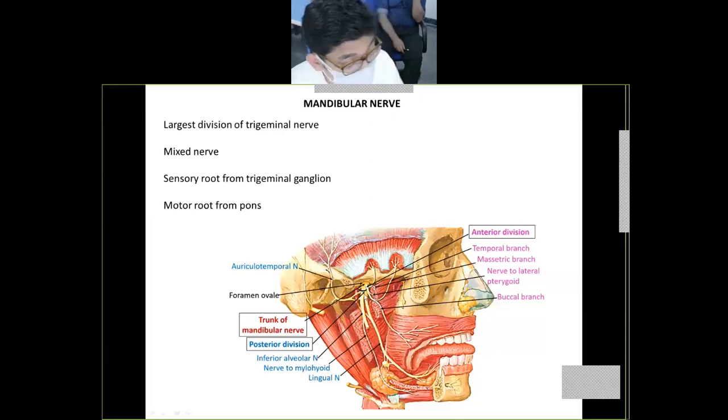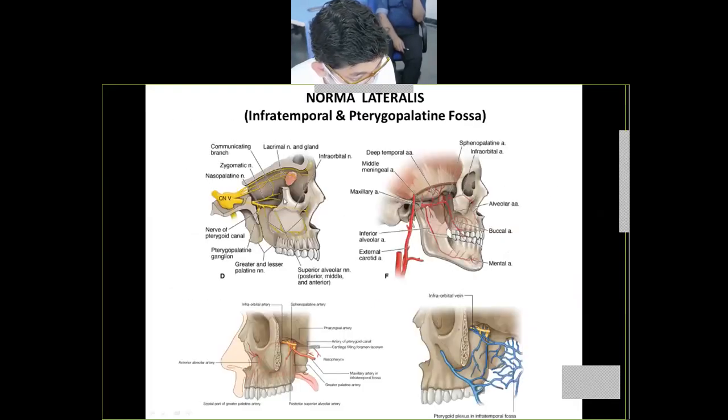Like the ophthalmic division, the ciliary ganglion is attached, but only structurally. Similarly, you have seen in this picture, this is the pterygopalatine. It is structurally attached to, what is this nerve?